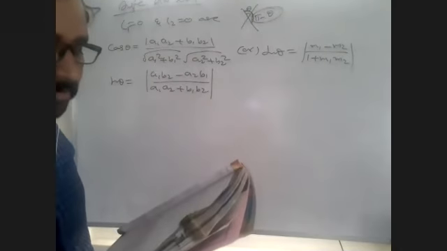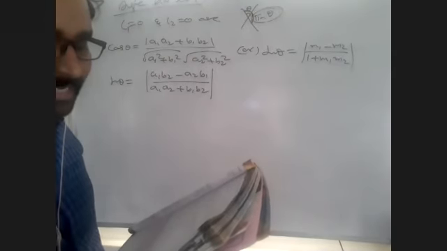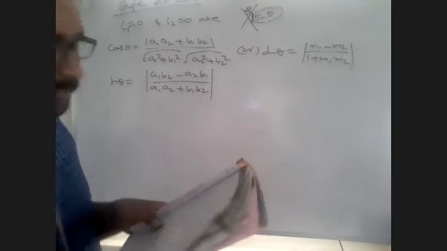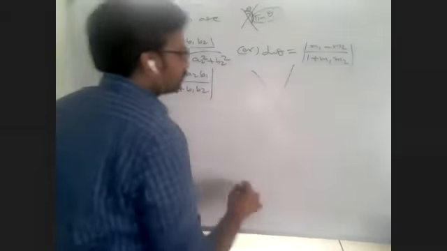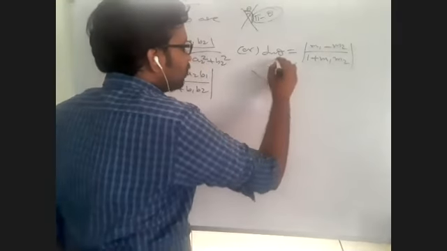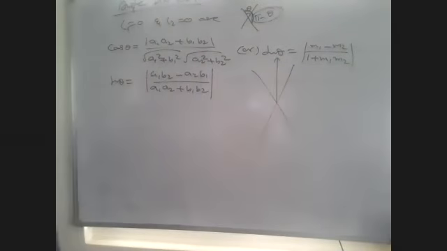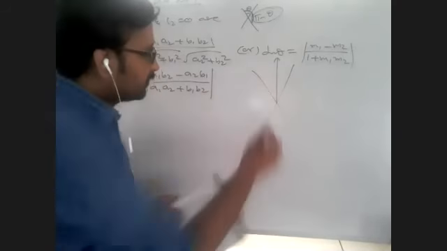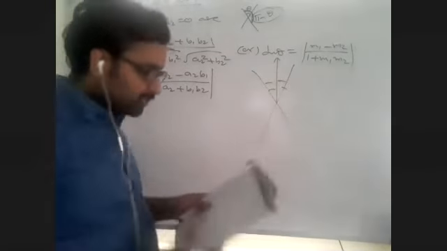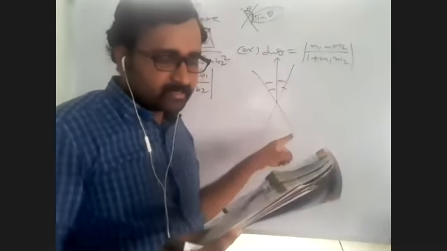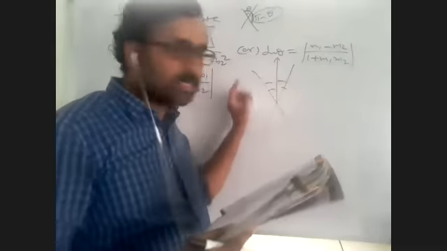The slope m of a line which is equally inclined with two intersecting lines of slopes m1 and m2. Now I am writing the slope of a line which is equally inclined with two intersecting lines whose slopes are m1 and m2.